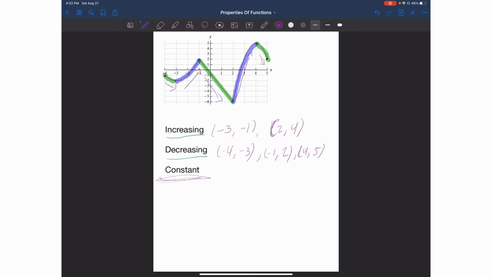So we actually covered the whole domain because our graph is either increasing or decreasing, right? Excluding the points where it changes, as you can see. You can also think of it as having a negative slope and a positive slope. When you have a negative slope, you are decreasing.